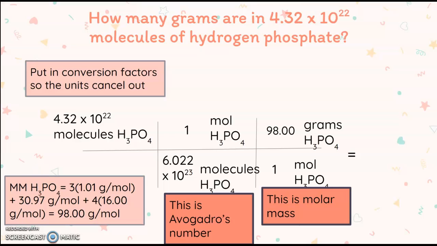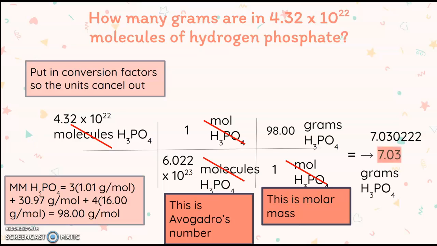If we multiply everything across, divide everything on the bottom, making sure to put those big numbers, 6.022 times 10 to the 23rd, in parentheses, you should end up with 7.030222, which rounds to 3 significant figures because of that first number there. So that would be 7.03 grams of hydrogen phosphate.